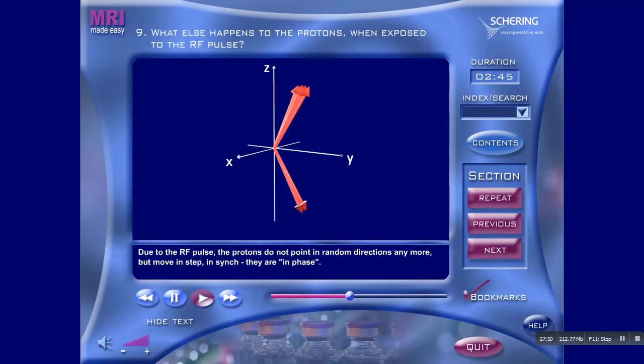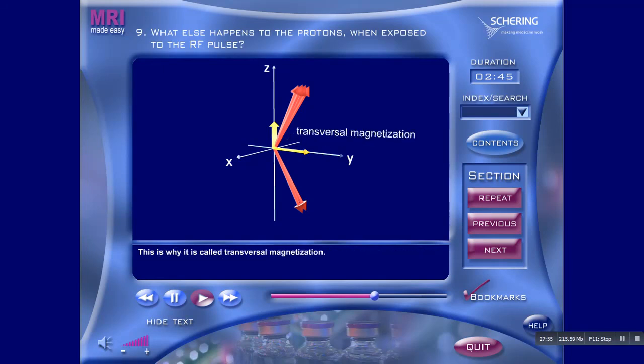They are in phase. They now point in the same direction at the same time, and thus their magnetic vectors add up in this direction. This results in a magnetic vector pointing to the side to which the precessing protons point, and this is in a transverse direction. This is why it is called transversal magnetization.